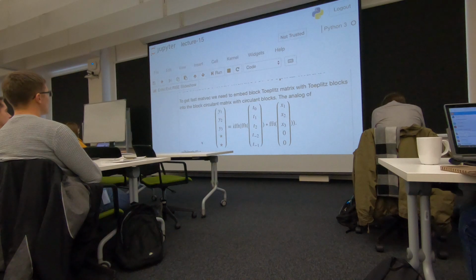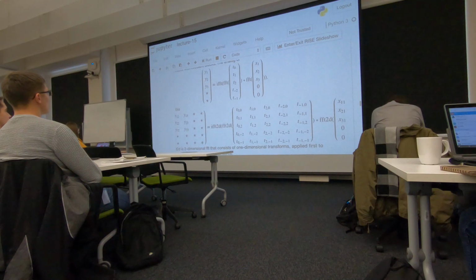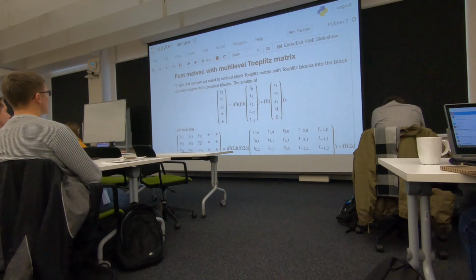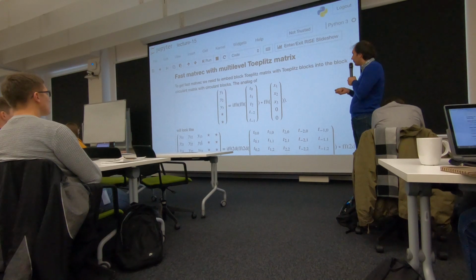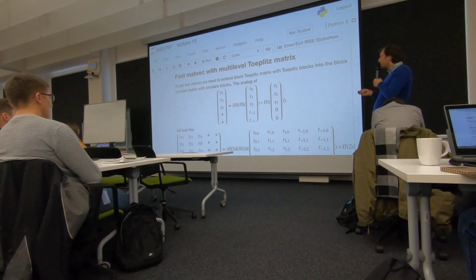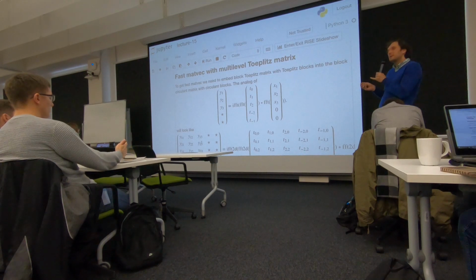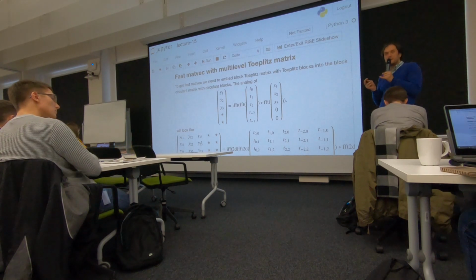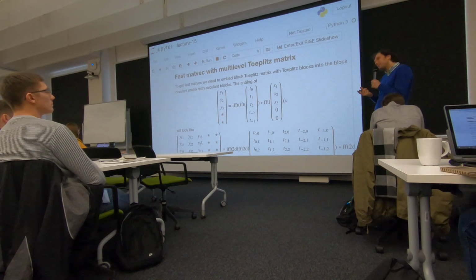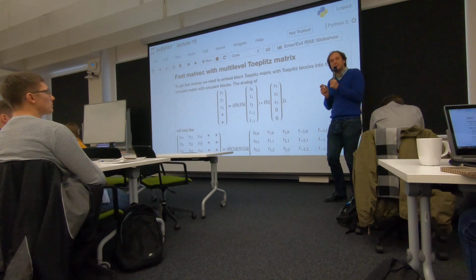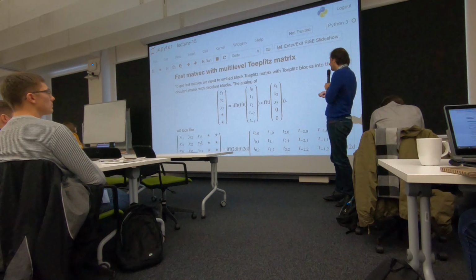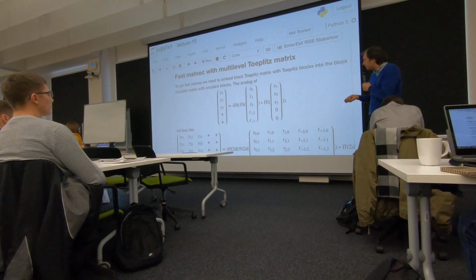Multiplying a matrix by a vector here is as simple as in the one-dimensional case. This was the formula for the one-dimensional case. In the two-dimensional case, you need to do this padding in each dimension. The two-level circulant is again defined by the first column, but the first column is actually a two-dimensional object in disguise, like a 3 by 3 matrix, for example.